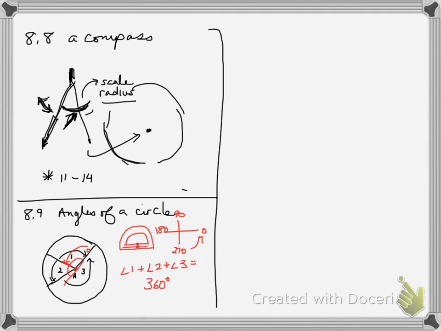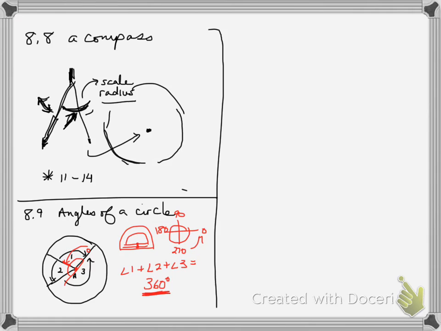It's the same thing. If we go all the way around, that makes a circle. So it's 360 degrees. Once you've measured them, you're not going to be accurate to the degree. That would be difficult, challenging for you. But to within a few degrees, you should be close to 360 degrees when you sum them up.